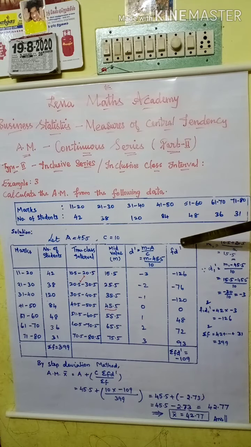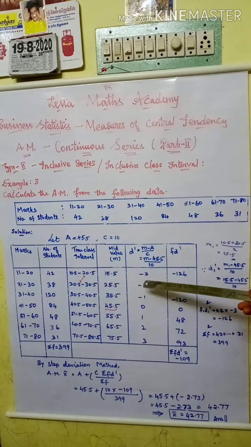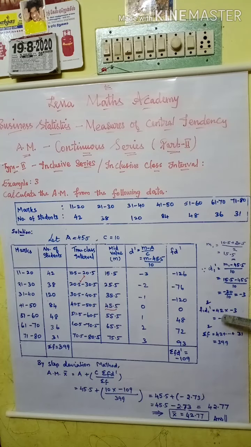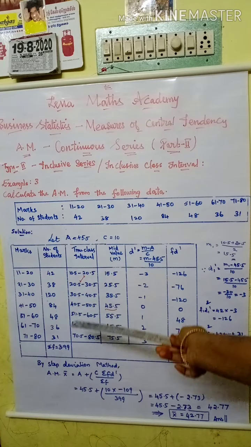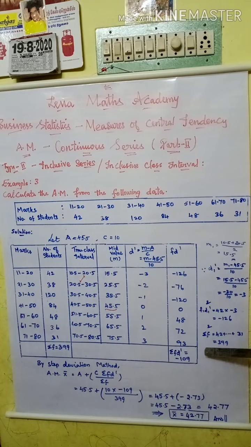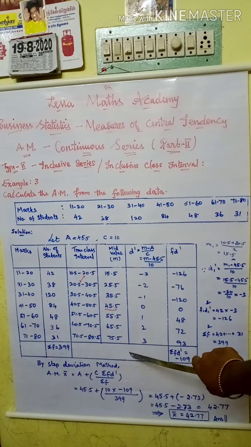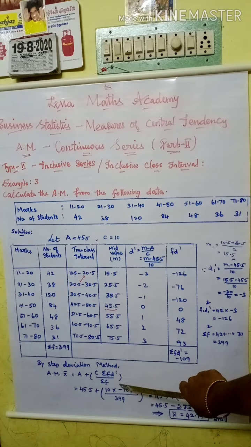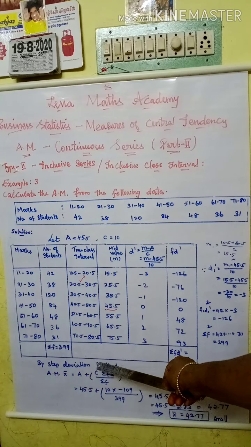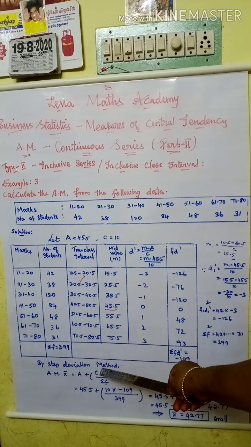Next, f d dash: frequency 42 with corresponding d dash minus 3, so 42 into minus 3 is minus 126. Summation of f is 399, summation of f d dash is minus 109. By the step deviation method, x bar equals a plus c into summation f d dash divided by summation f. Assumed mean a is 45.5, common difference c is 10.